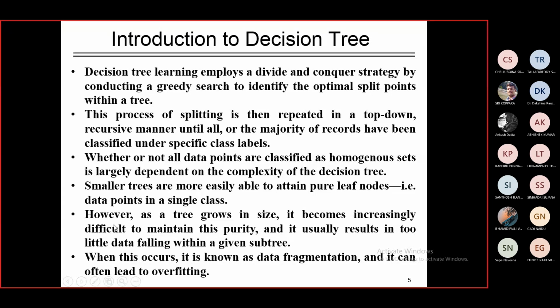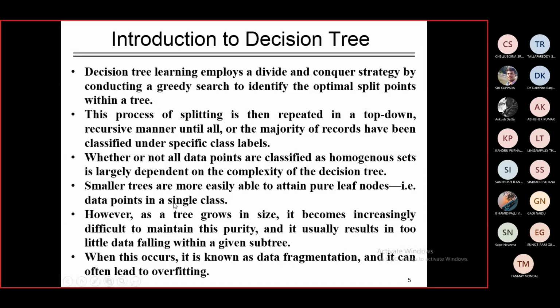So as a tree grows, it becomes increasingly difficult to maintain this purity. Okay. So in the case of small trees, it is not a big issue, but when the tree grows in size, then it becomes difficult to maintain this purity, and it usually results in too little data falling in the subtree. Okay.